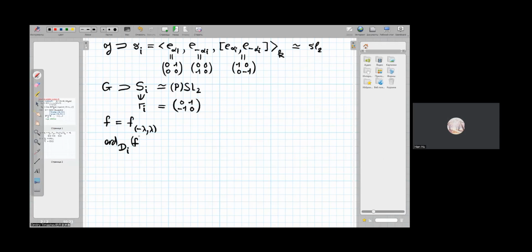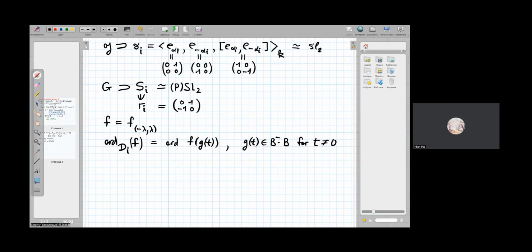Actually, I can do it in the following way. This vanishing order equals the vanishing order of this function f restricted to a curve in my group G, a curve g of t, which belongs to the big cell, to the open Borel orbit, for all values of the parameter t except 0.